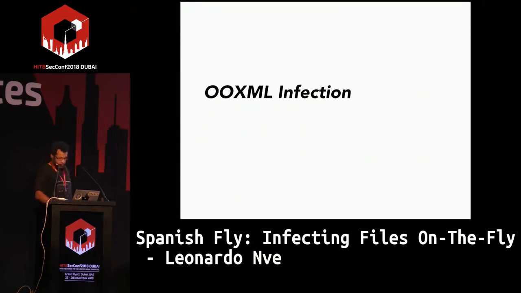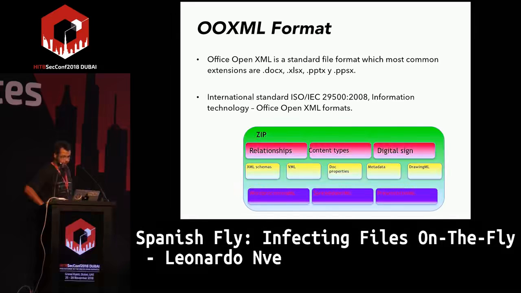Now I'm going to explain OpenOffice XML. It is basically the format of Microsoft Office documents: docx, pptx, xlsx.